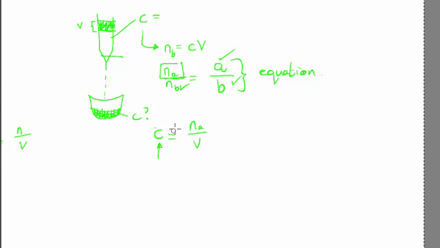It depends on what they're asking. Once we have the amount of moles in here, we can work out many things. We can work out concentration, and we can work out the mass that was in there, because mass is equal to moles times molar mass.